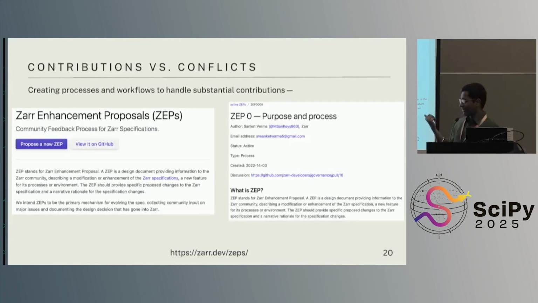And for that, we have created the Zarr enhancement proposal, and there are different versions and flavors of proposals out there, like the Python enhancement proposal, NumPy enhancement proposal, and that stuff. So it's better to handle, in my opinion, substantial contributions via processes instead of simple GitHub issues and PRs to solicit feedback and come to a conclusion. We have already used our process extensively to advance our version to version 2 and version 3.